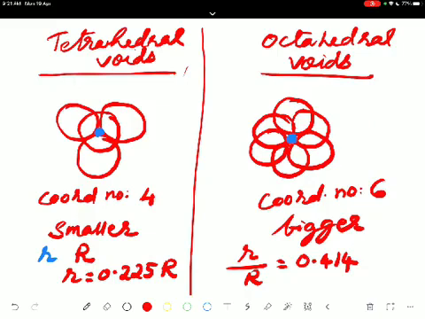So one case is either all tetrahedral voids can be filled or all octahedral voids can be filled. All tetrahedral voids may or may not be filled. All octahedral voids may or may not be filled. Some of the tetrahedral voids and some of the octahedral voids may be filled. So all possibilities are there.